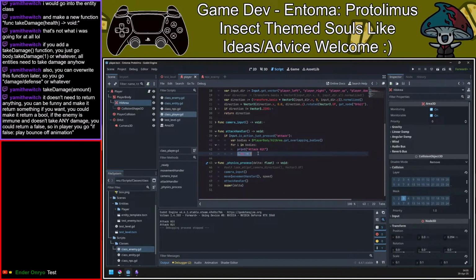It doesn't return anything. You can be funny and make it return something if you want. You can make it return a bool if the enemy is immune and doesn't take any damage. Return a false. So in player you go if false, play bounce off. Ooh, that's a good idea.